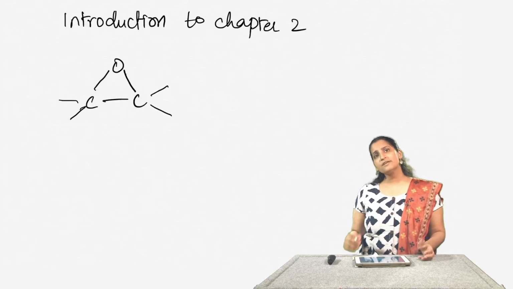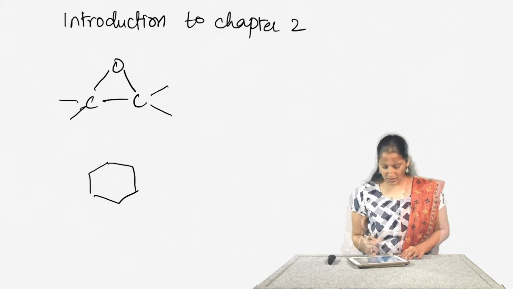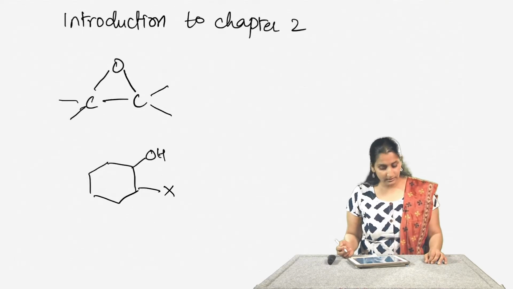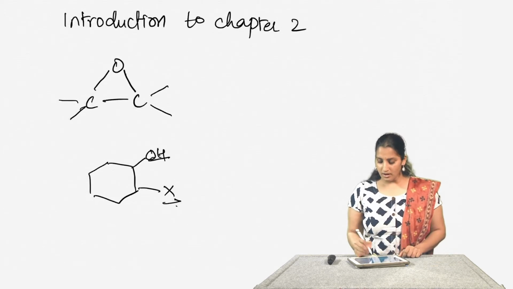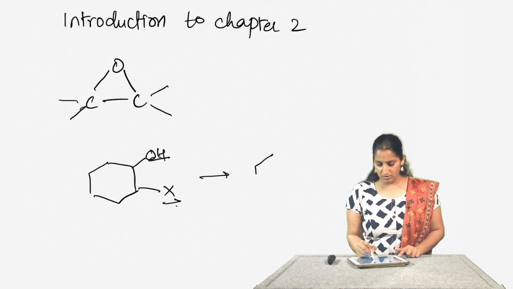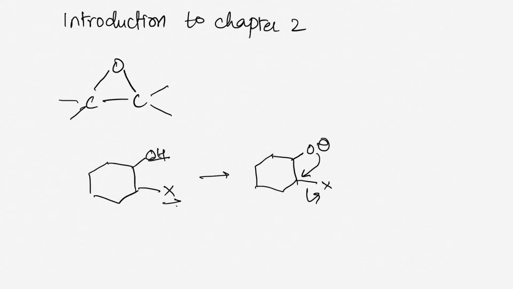Now, one of the reactions that goes over this epoxide formation is if you have a halohydrin, meaning you have a halogen and a hydroxyl next to it, and I subject this to base, then you can have an epoxide formation using this mechanism. Do not go over the mechanism right now, but you can just imagine that such a reaction takes place.